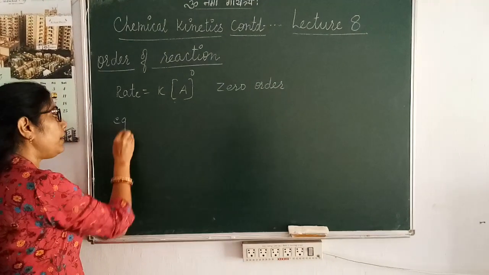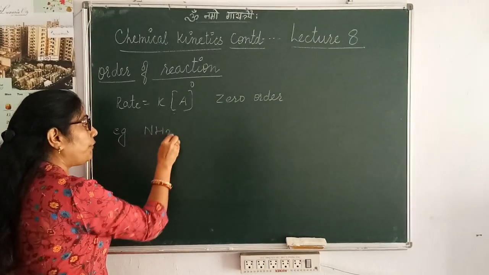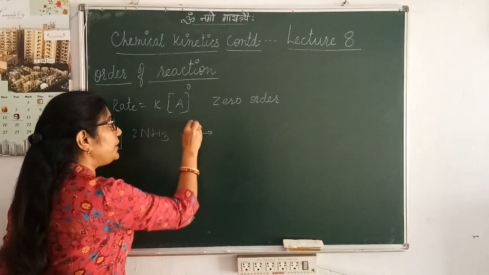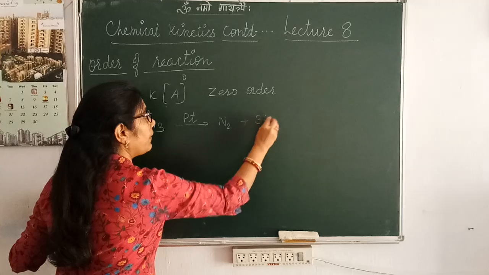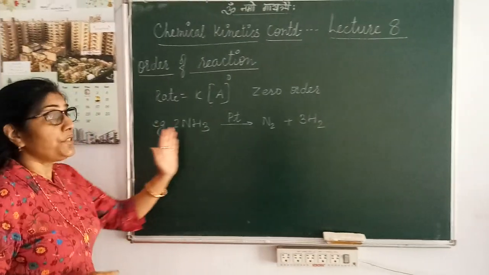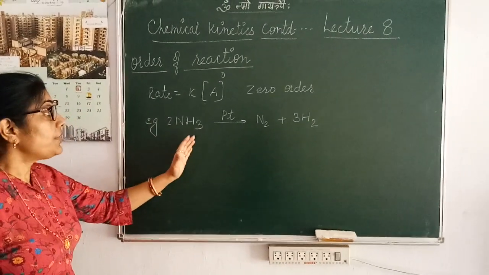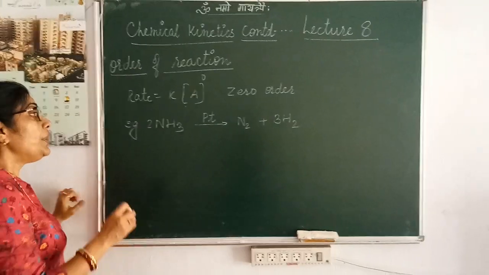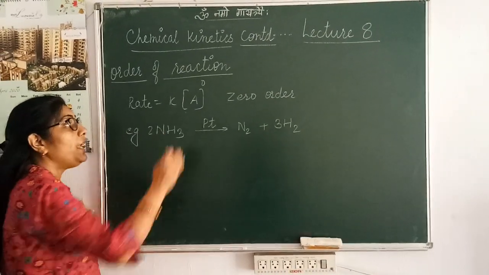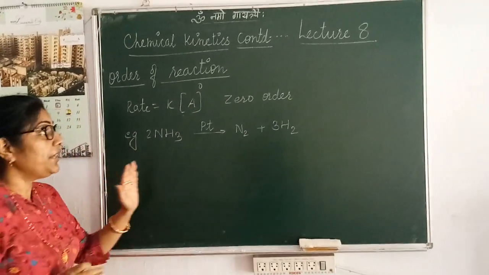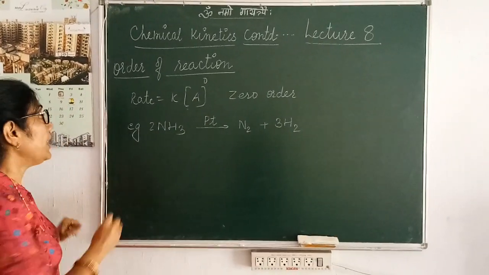As for example, the decomposition of ammonia on the surface of platinum. The reaction is zero order. In this case, the rate of reaction does not depend upon the concentration of ammonia, and therefore the reaction is categorized as a zero order reaction.